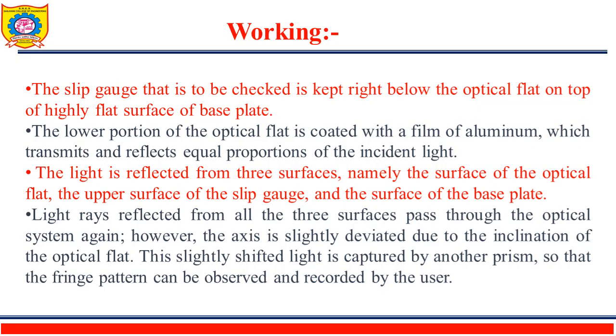The light rays reflected from all three surfaces pass through the optical system again. However, the axis is slightly deviated due to the inclination of the optical flat. This slightly shifted light is captured by another prism so that the fringe pattern can be observed and recorded by the user.